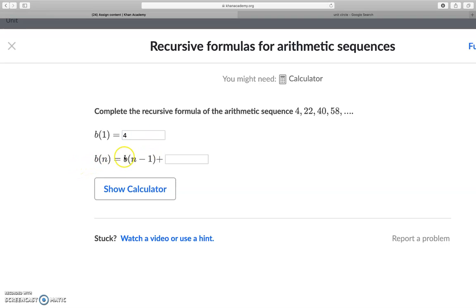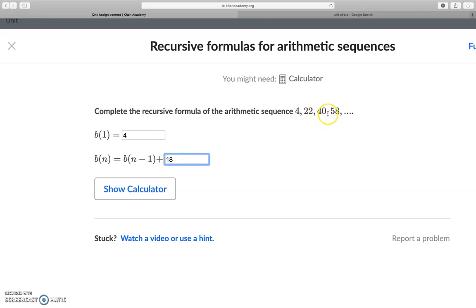Now, I know this down here looks intimidating. There's a lot of letters going on. But all this is saying is that to get any term n, so to get any of these guys, what you have to do is get, now this is just a fancy way to write the previous term. So in English, this means the previous term. So to get any of these numbers, like if I wanted to get the next one here, I would have to look at the one before and add 18, because that was the pattern.